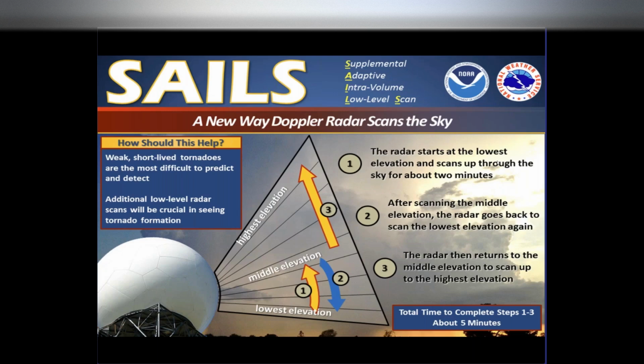We can do a SAILS 1, 2, or 3, so we can get 3 low-level scans, and this gives us the potential for a half degree low-level scan every minute. So if we're concerned about tornadoes, if we're concerned about QLCS spin-ups on the line, this is a perfect example of why we would use SAILS in those situations.